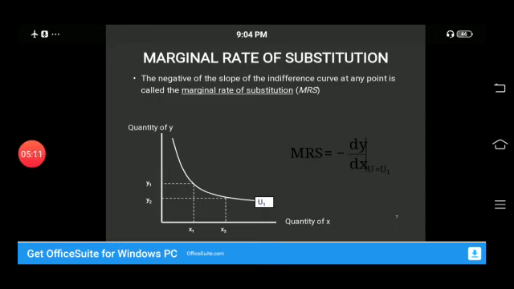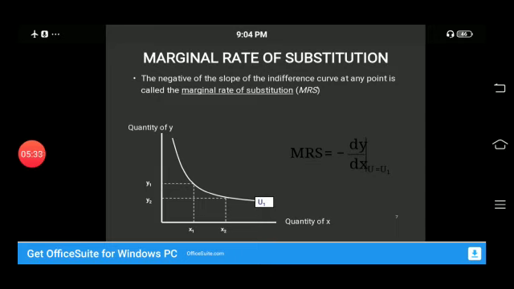One more thing that we see is that this indifference curve is downward sloping. It is negatively sloped because it shows the negative relationship between two products. If we are getting more of one commodity, we are foregoing something of another commodity, right? So we are sacrificing something of the other commodity.